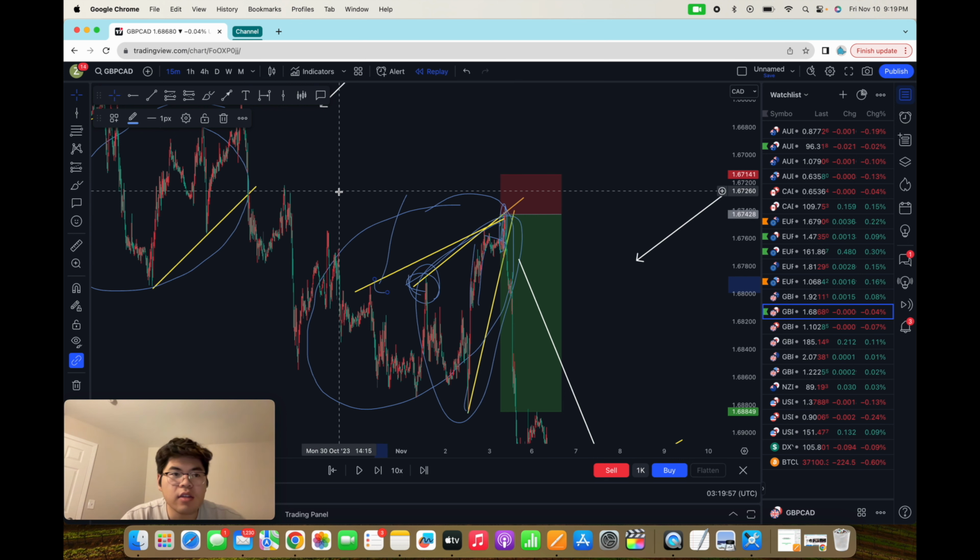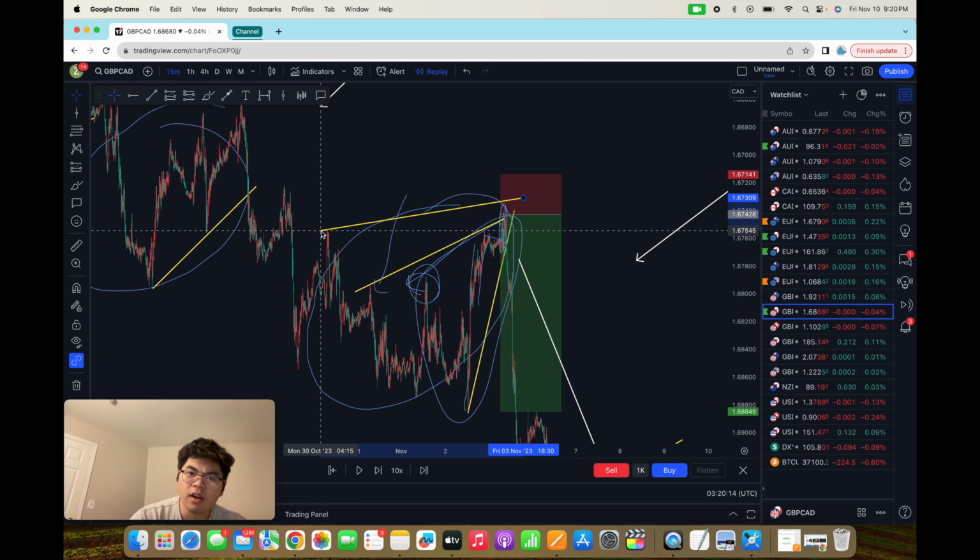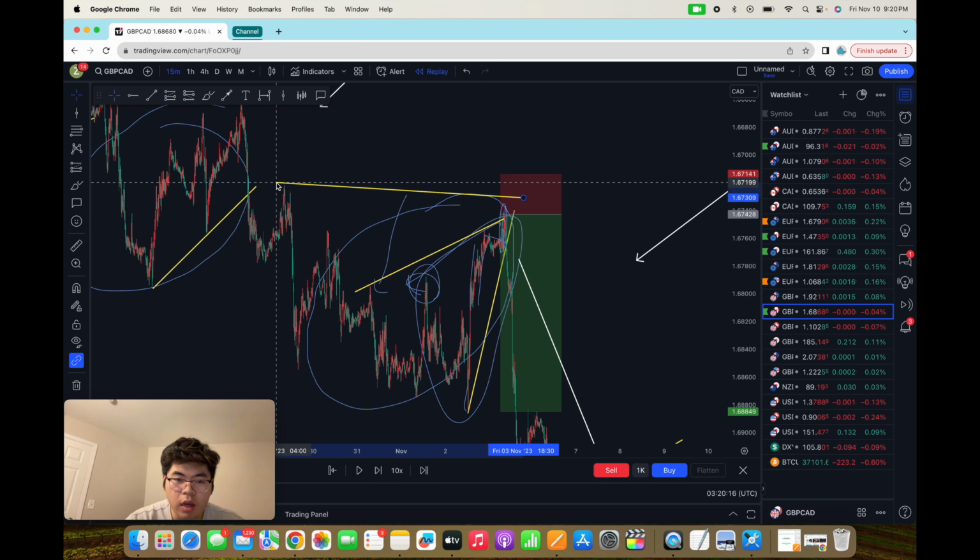We can't second guess ourselves. If the market considered this as a section 1, that's fine. But you don't want to get into the realm of, if you go here at section 1, why not here as section 1, or why not here?